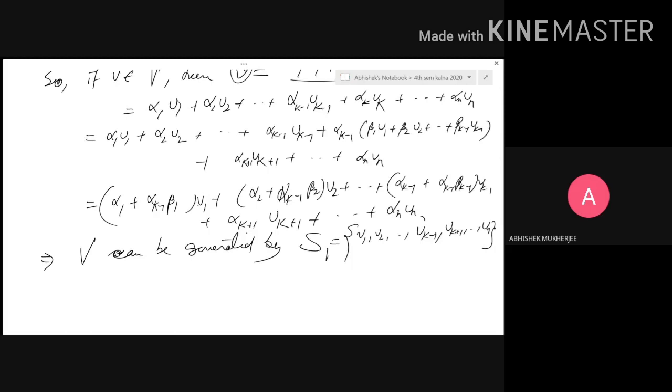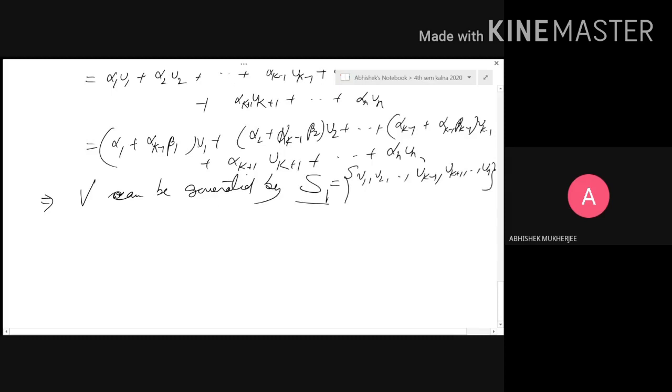Now if S1 is linearly independent, then we are done, because S1 spans V and S1 is linearly independent. So it satisfies the axioms of a basis, and S1 will be a basis for the vector space V.